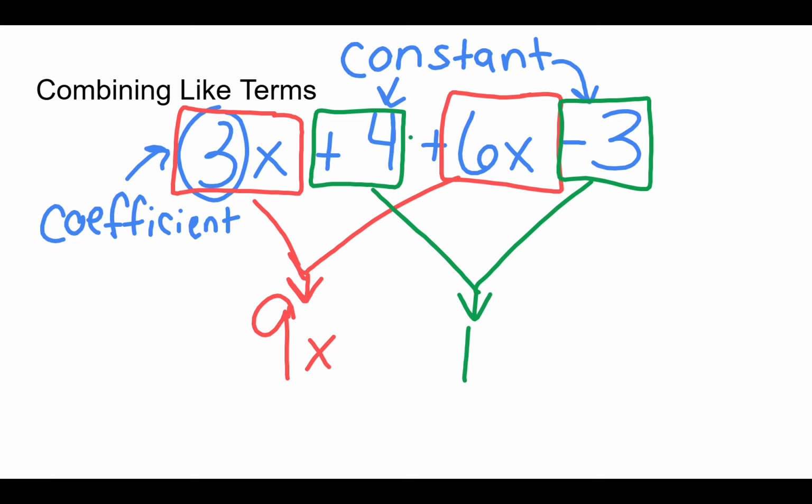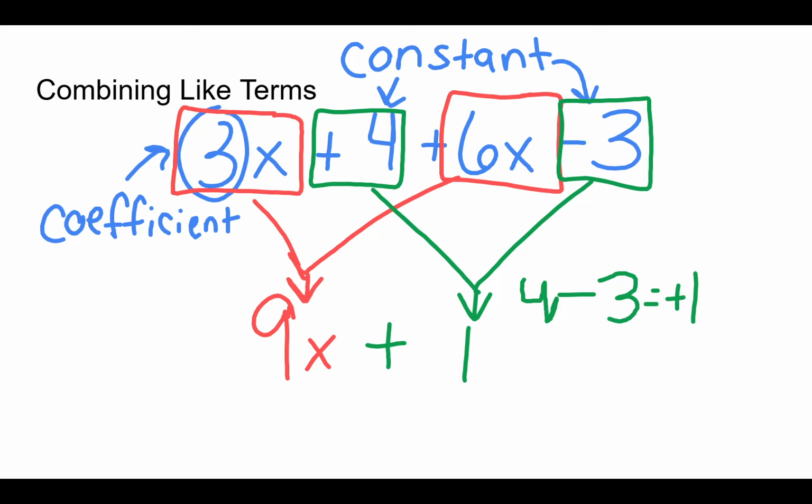And that's a positive 1, right? When we have 4 minus 3, that equals a positive 1. So we have a positive 1 left over.